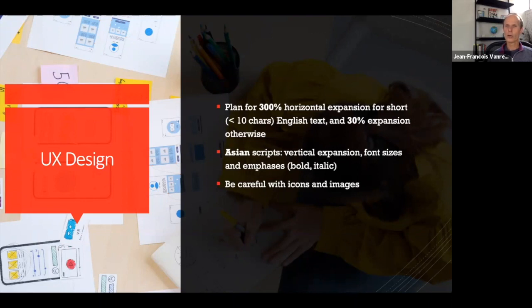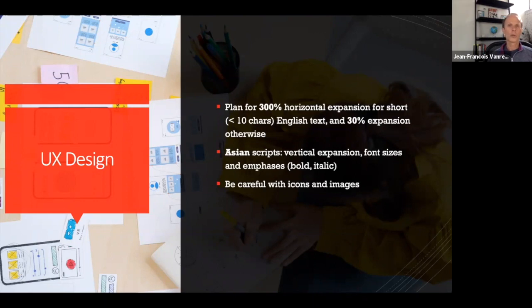But I definitely urge you to think about the real estate and leave some room for global expansion. For different languages, you're going to need to expand the user interface. In general, the rule of thumb is that if you have less than 10 characters in English, we recommend that you leave enough room for a 300% expansion, and then 30% if it's more than 10 characters.